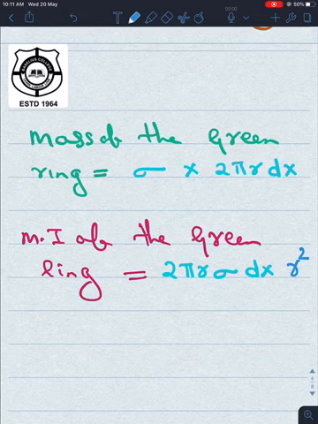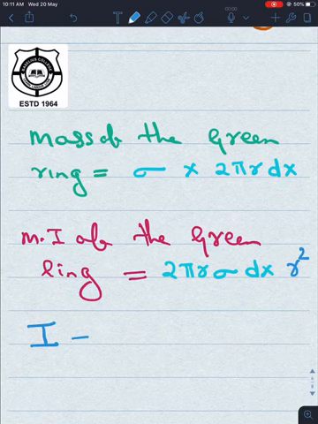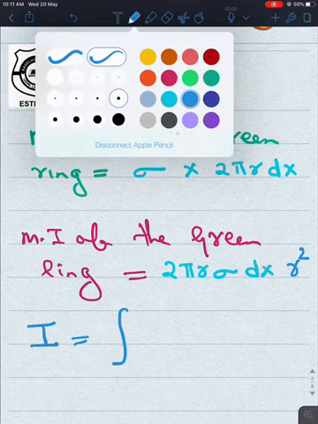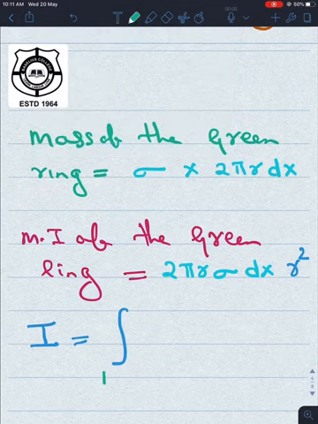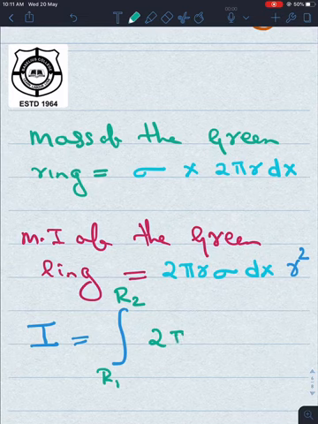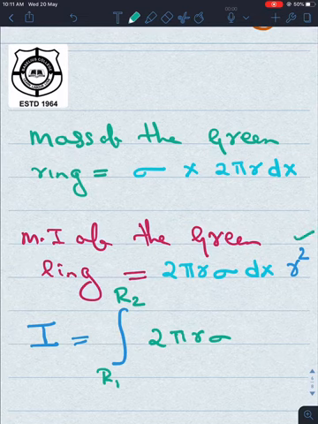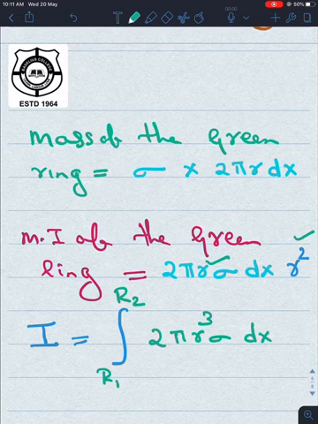Now we can find the total moment of inertia, I of the whole annular ring. We have to integrate from R1 to R2. So r times r square will become r cube, sigma dx.